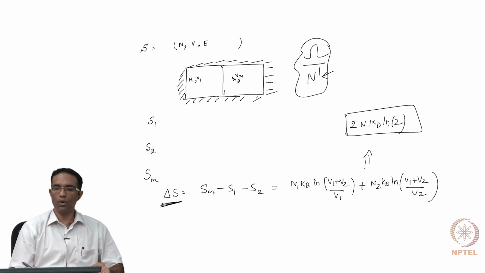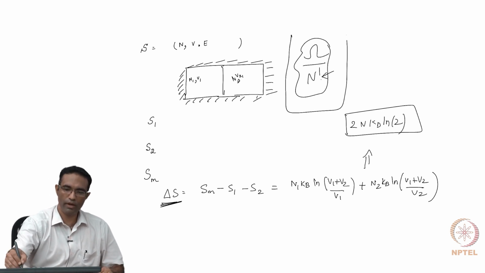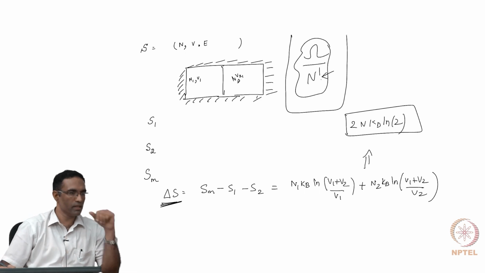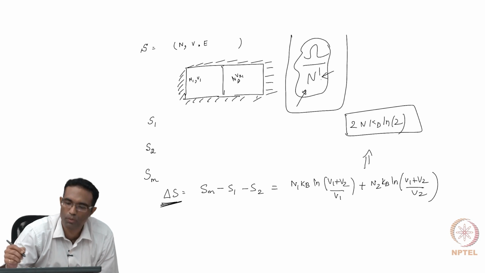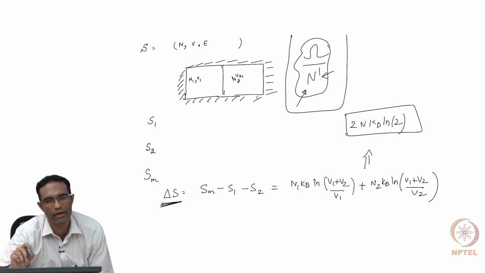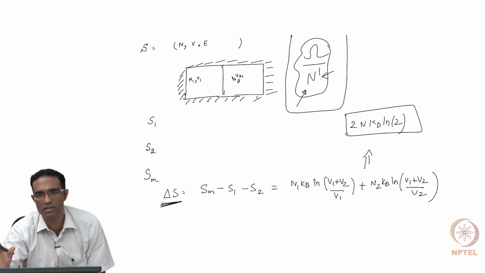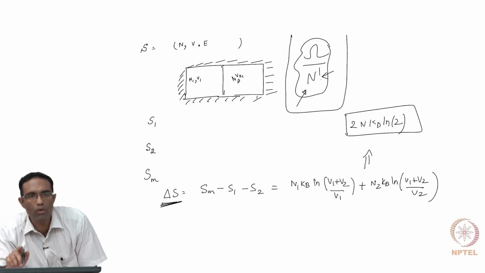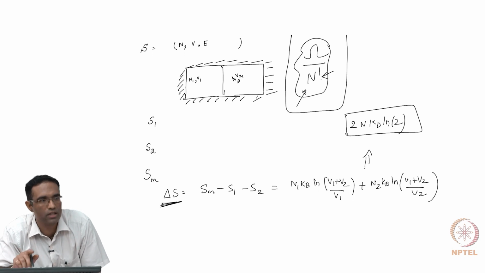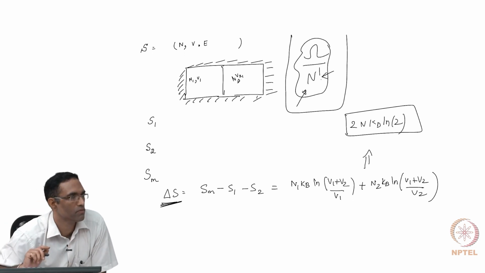So every time you will see this n factorial appearing in the denominator. The reason why I am introducing this is to point out that you will always see this n factorial appearing in the denominator of many statistical mechanical expressions, and this is essentially because you want to account for the fact that the particles are actually indistinguishable.